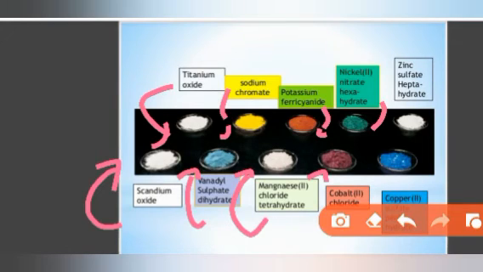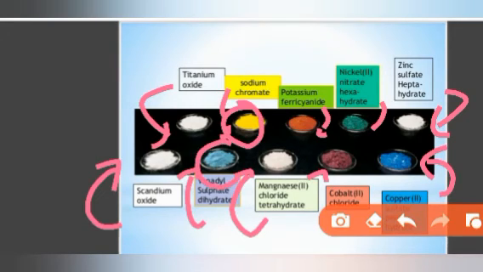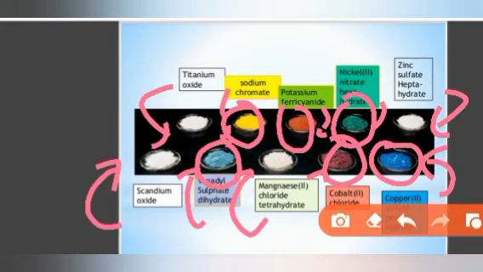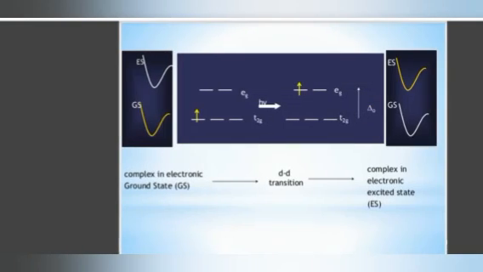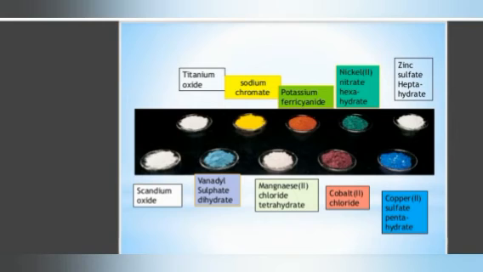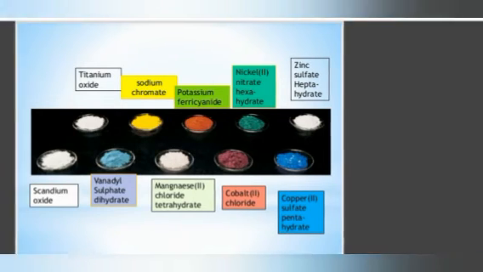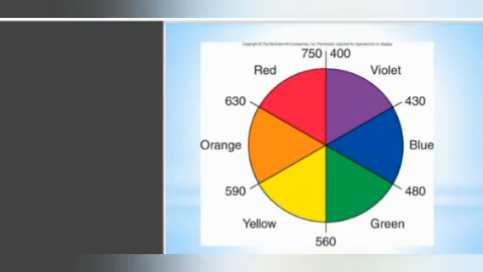Nickel is green. Zinc you can see is white. Copper is blue. So it means that all these colored salts are due to the unpaired electrons or unpaired orbitals, whereas all the white ones are due to paired, diamagnetic property. It means, very simply, paramagnetic shows color, diamagnetic will show non-colored substances.